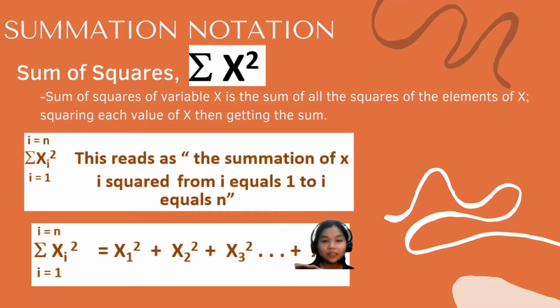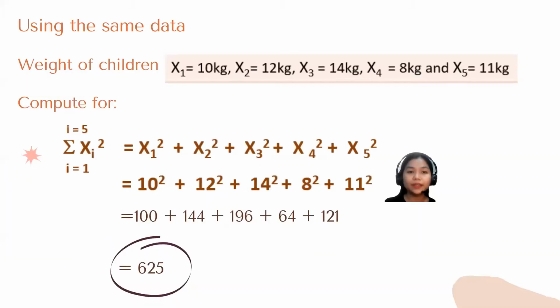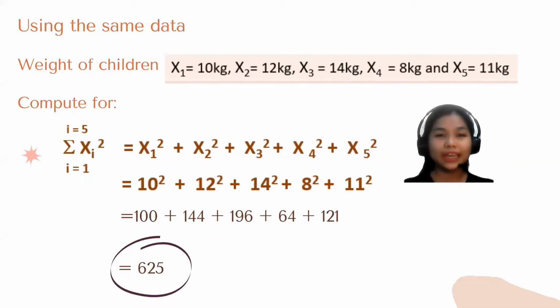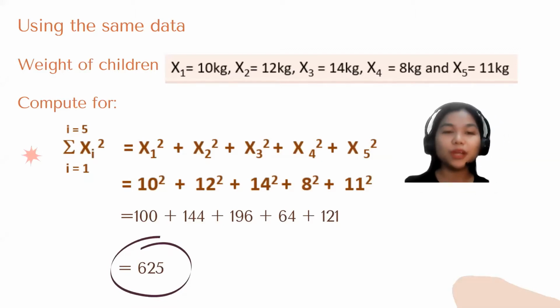So this dot refers to all the values in between x sub 3 squared up until you would reach the last value corresponding to x n squared.